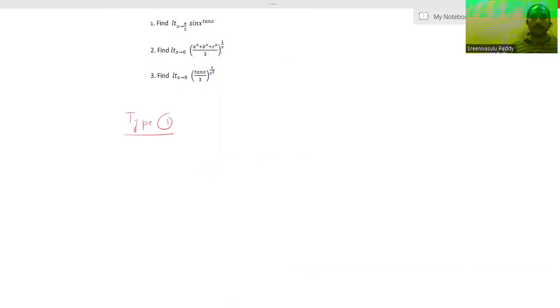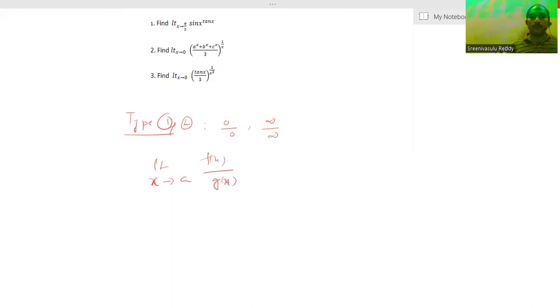Whenever you see the 0 by 0 model, there is a procedure, and for the second model also. These two models, whenever you see them, we apply the same procedure. Limit x tends to, for example, x tends to a, f of x by g of x.